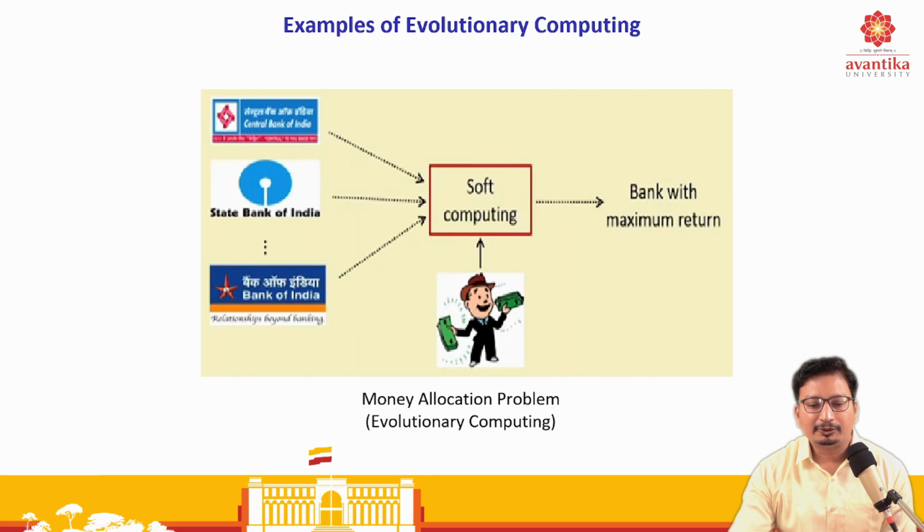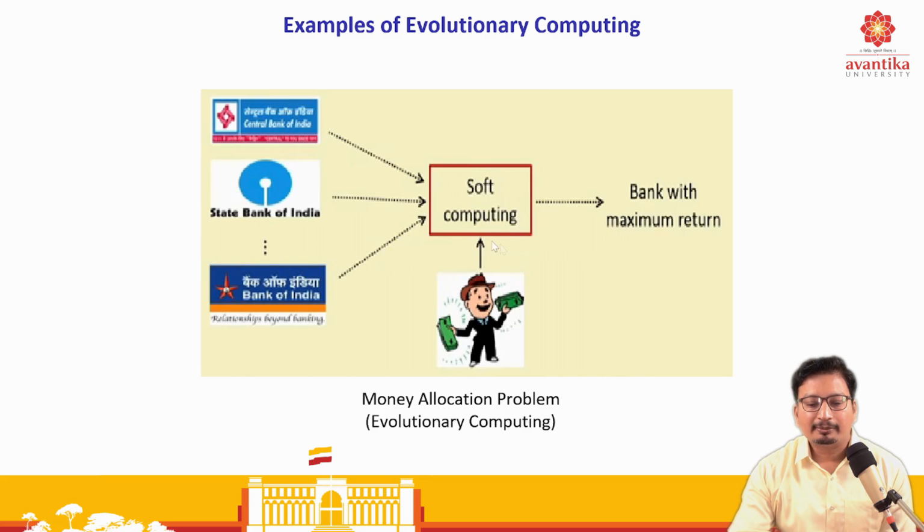That can be computed with the help of evolutionary or probabilistic based algorithms, which are able to invest a person's money in such a way that he can earn the maximum return from it.